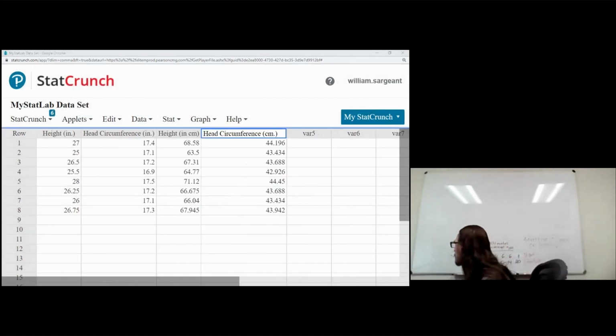This time, instead of comparing column 2 against column 1, it'll be column 4 against column 3.